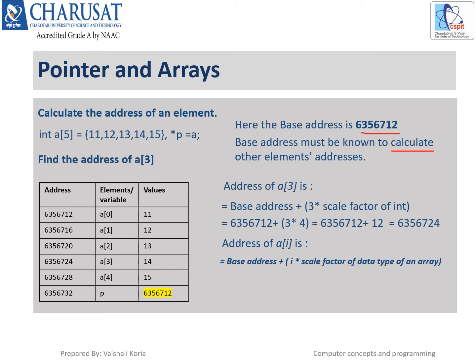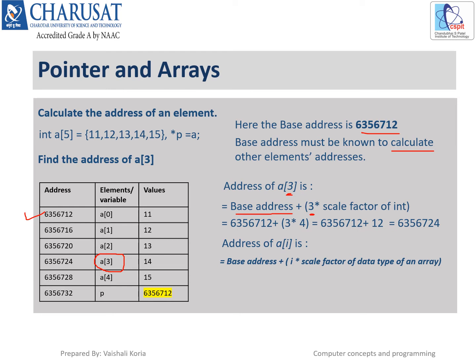Now suppose we want to find out the address of this particular element. What we need to do for that: first we need to take the base address, that is the address from which the array memory allocation has started. Then you have to write the index of the element of which you want to find the address, so 3 into, now here we have to specify how many bytes each array element is taking.